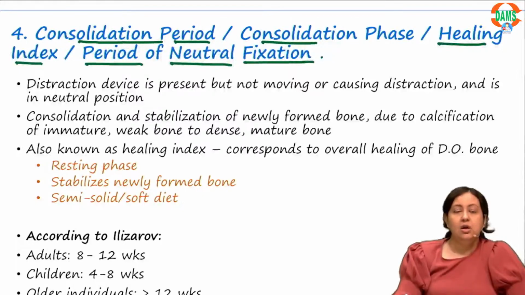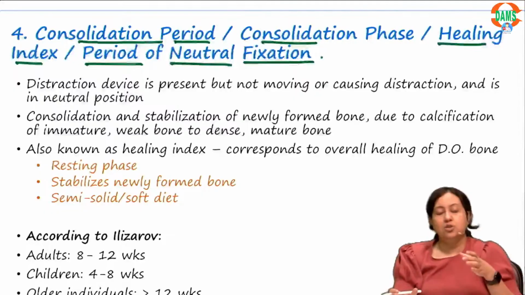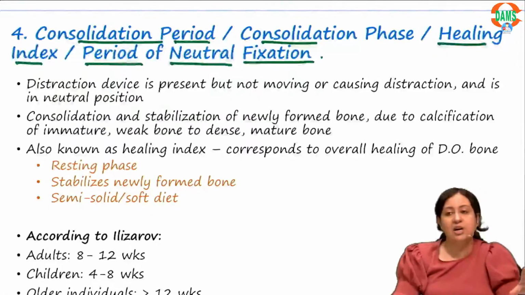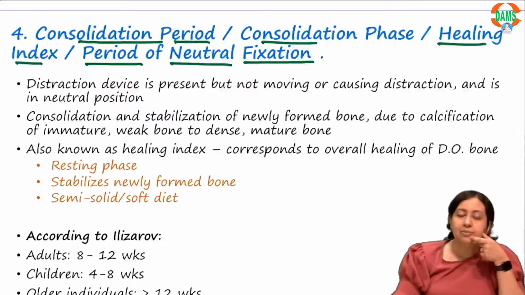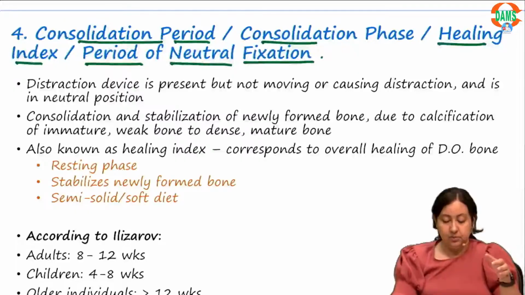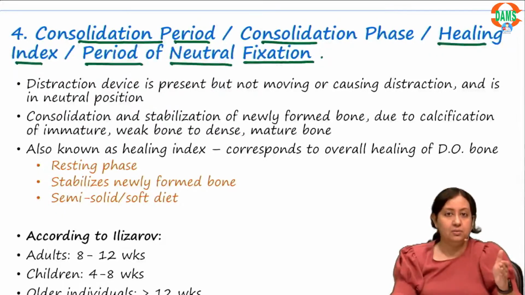Alright. So once the distraction is over on the 40th day, you keep the distractor device in place, but you do not activate it any further because you have achieved your goal. You keep it with the patient for a few weeks, but in those few weeks, the distractor device is not moving.